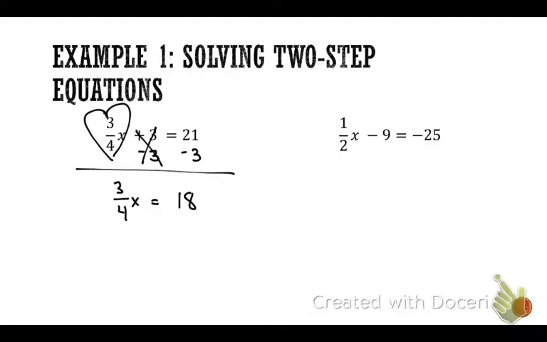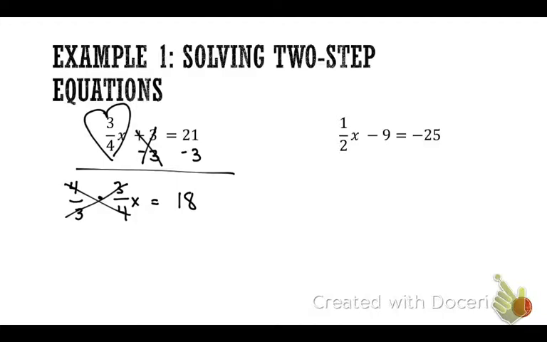You need to do the KFC: keep the first one, flip the second one, and change the operation. That's why we flip the fraction and we multiply by 4/3. Now, you should be writing this exactly how I'm showing it. All right, so then you can cross reduce.